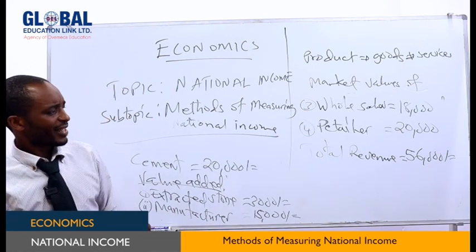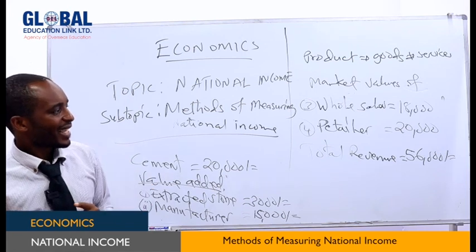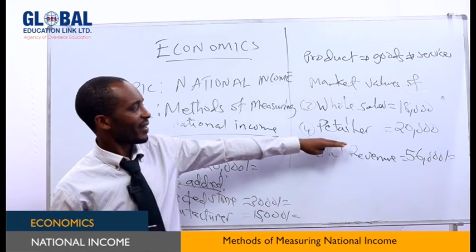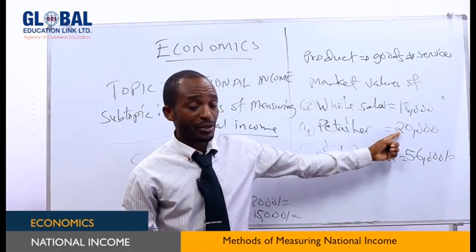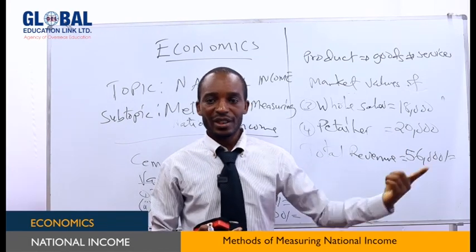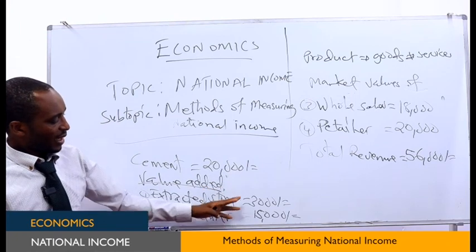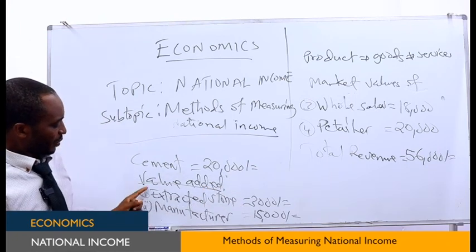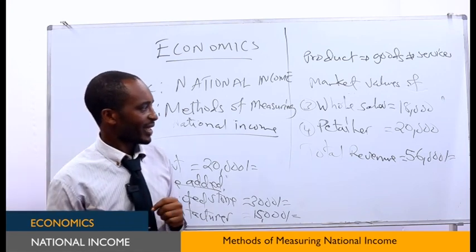Now, in order to find the national income using the product method, you need to take the final price, which is the final price of the retailer, when the product is sold and goes directly to the user. To avoid double counting of persons 1, 2, 3, and 4, you need to use the value added.